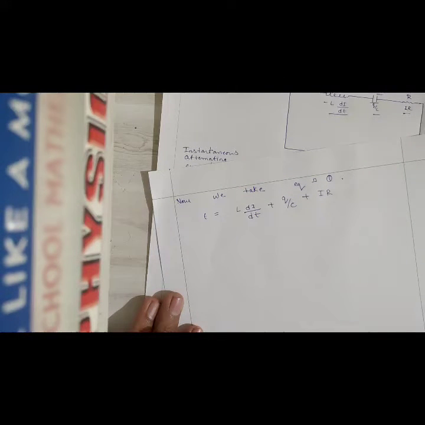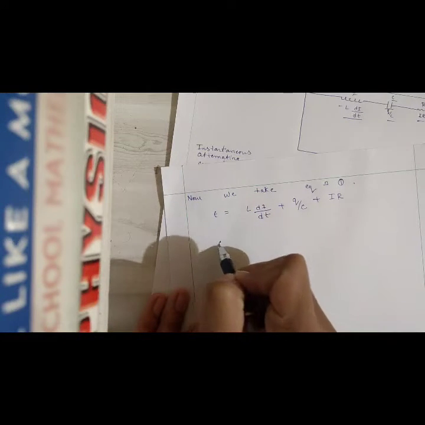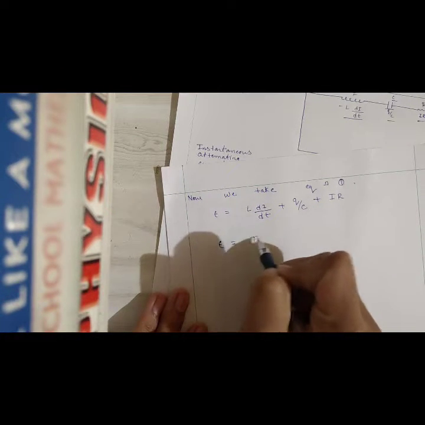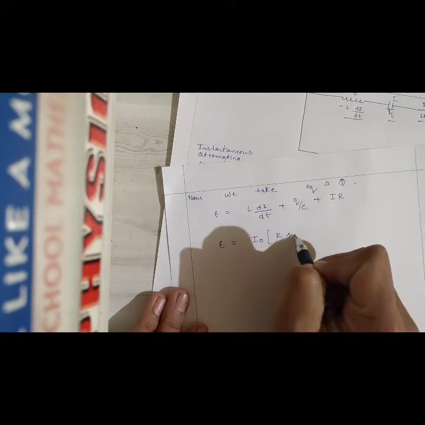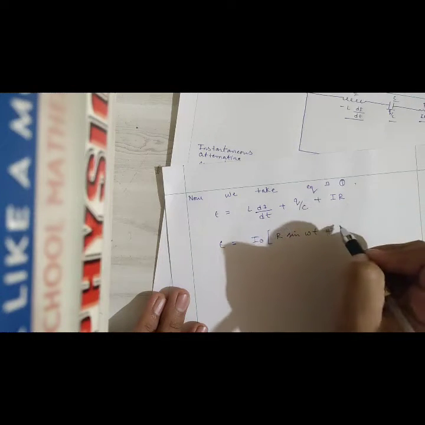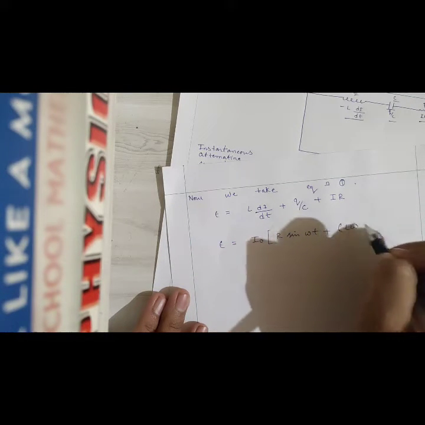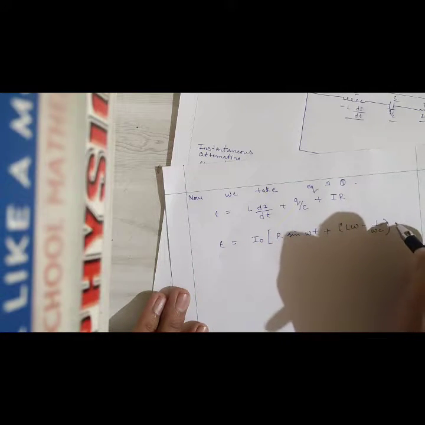From this equation, we will eventually find the value of E as E equals I naught whole R sin omega t plus L omega minus 1 over omega c whole cos omega t.